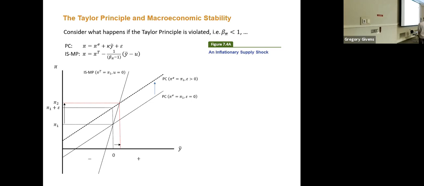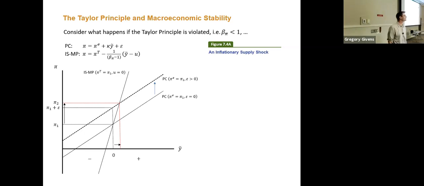And instead of output falling, the output gap actually goes up. Okay? So the monetary policy reaction here, instead of stabilizing the supply shock, is now actually amplifying the effect of the supply shock on the economy by raising inflation more than the size of the shock.